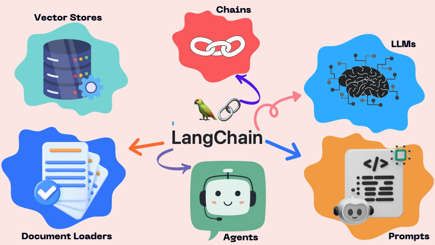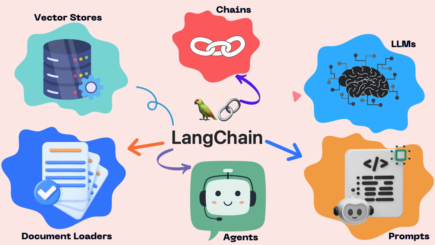LangChain lets developers create cool applications powered by LLMs, such as chatbots or question answering systems. And the magic is how it connects all these pieces together. The document loaders, vector stores, prompts, different LLMs, chains, and agents.